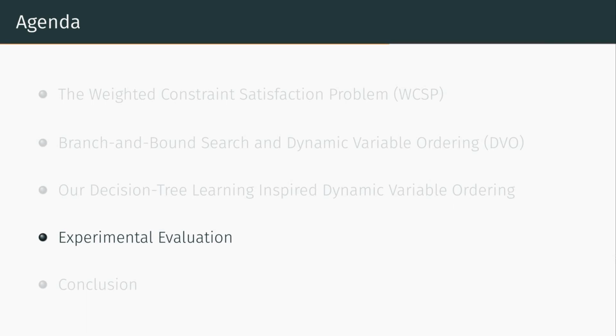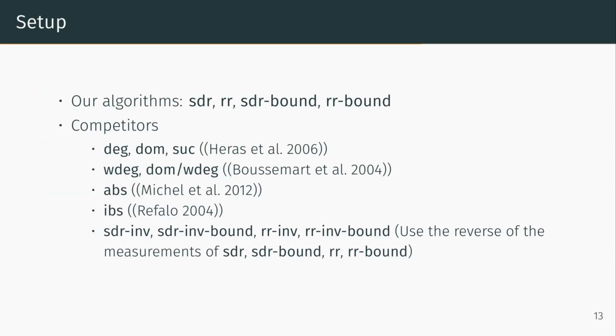Now let's look at the experimental evaluation. We have 4 algorithms here. The first 2 have the measurement based on standard deviation and the range of weights in the samples, as we talked about in the previous 2 slides.